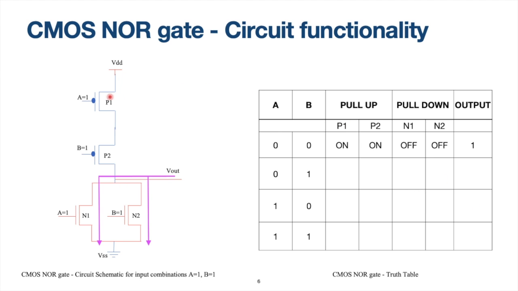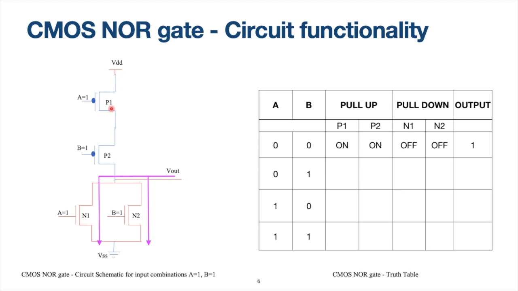Now let us look into the last combination where both the inputs A and B are 1. When A is equal to 1, transistor P1 is off. When B is equal to 1, transistor P2 is off. When A is equal to 1, transistor N1 is on. When B is equal to 1, transistor N2 is on in the pull-down network. So now again there is no continuous path from VDD to Vout.